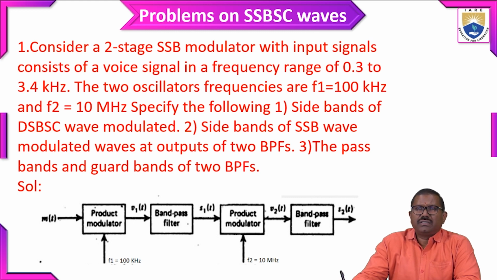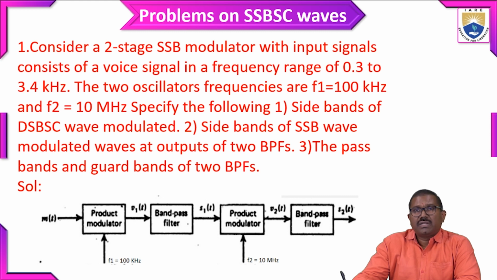First you should know how to generate SSB. In this picture we are showing a two-stage SSB modulator, which means you have two stages. In the first stage, you are going to generate SSB by using DSB-SC. What is DSB-SC? Double sideband suppressed carrier.